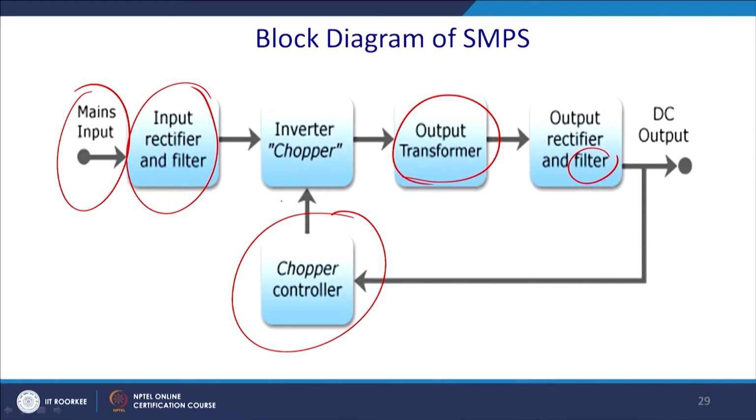So, we can go for lower losses by switching also, and there is a DC output, and you control the switching in such a way that you get a regulated output voltage at this point. And if there is a step down or step up operation, you can play with the transformer's turns ratio. That is one of the biggest advantages of it.